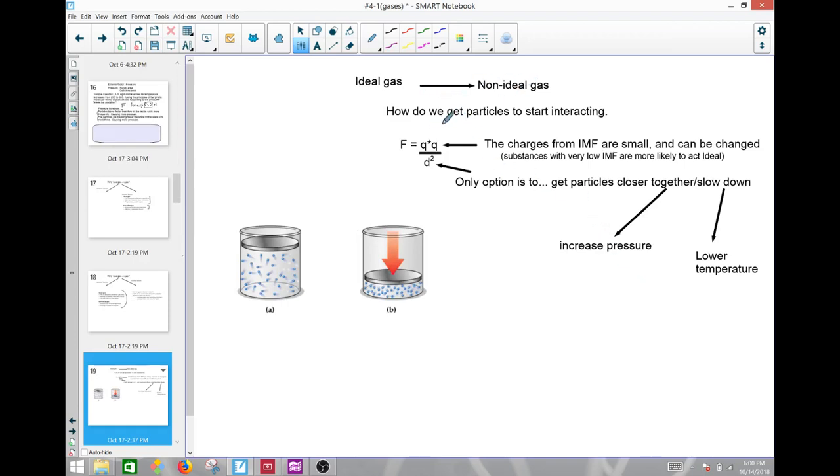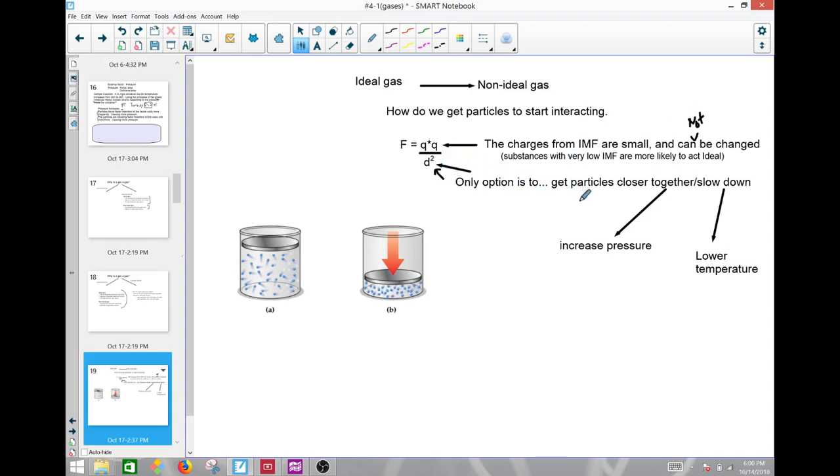How do we get particles to start interacting? As I mentioned previously, I didn't have the slide in front of me, but the charges from interacting forces are small and cannot be changed. The only way to change this is to change the actual substance. We can, however, get them closer together.